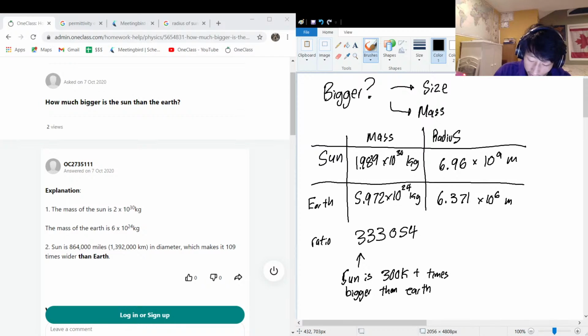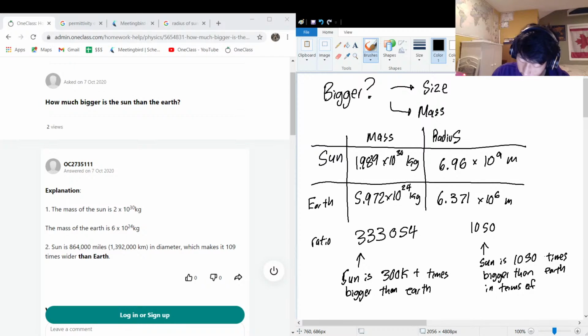And we'll get that it is about 1,050 times bigger. So the sun is 1050 times bigger than Earth in terms of radius, and here in terms of mass.